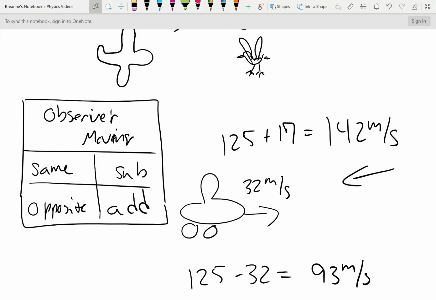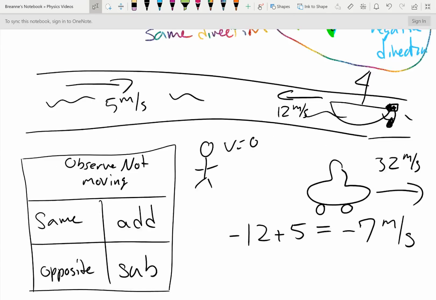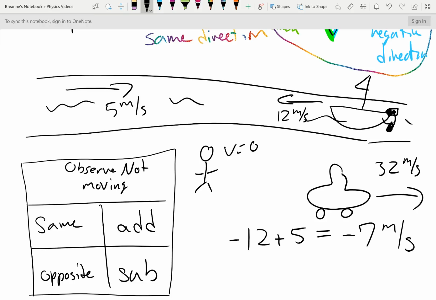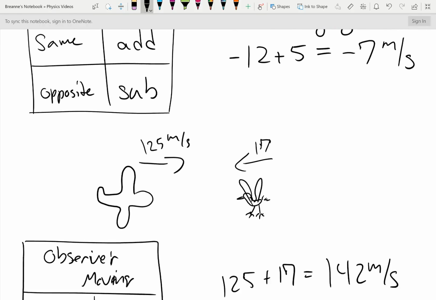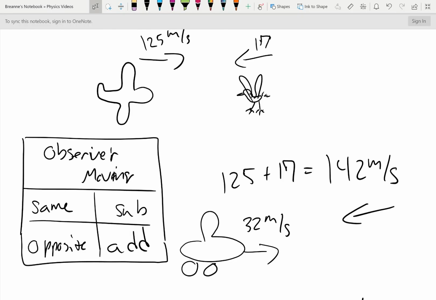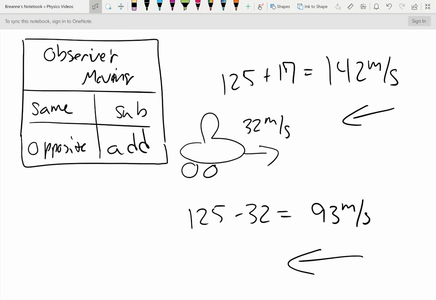The car is going a whole lot slower. So to the plane, it looks like the car is actually moving backwards because the plane's moving faster. It's kind of like the same aspect of here. It looks like the person's going in the opposite direction because it's going faster than the person. You have the same aspect here. So it'd be 93 meters per second to the west.